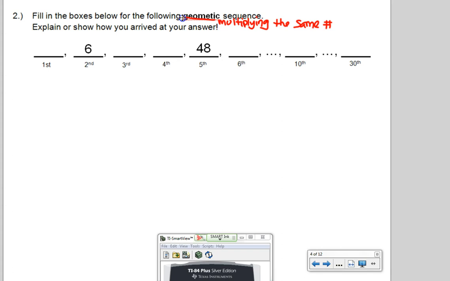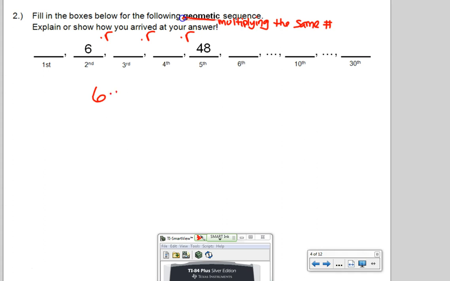Well, this time, instead of adding to get to each term, we are multiplying, and it's the common ratio. So it's going to be times r. There's some number r I'm looking for that I have to multiply, and I know that I also have to multiply this one by r to get to the next one, and I have to multiply by another r to get to my final number that I know. So I'm going to write this out.